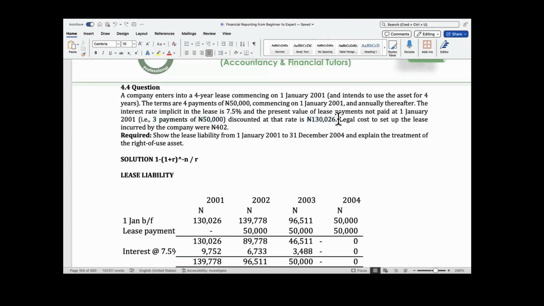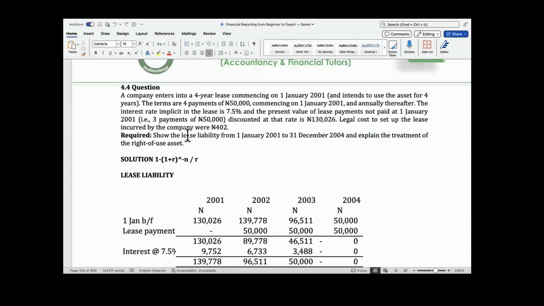Legal costs to set up the lease incurred by the company were 402. Show the lease liability from 1st January 2001 to 31st December 2004 and explain the treatment of the right of use assets. Okay. So for this one, the question is quite specific.